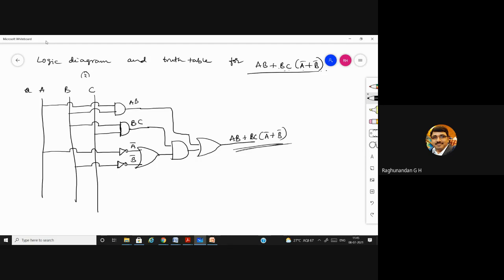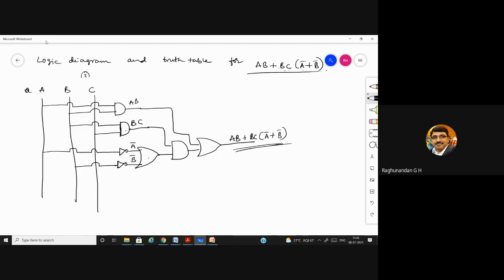Remember, the NOT gate should be given only one input, but OR gate and AND gate can have n number of inputs. There is no limit. You can add any number of inputs, but the output will be only one. Output is only one for all types of gates, but input is one only for the NOT gate.